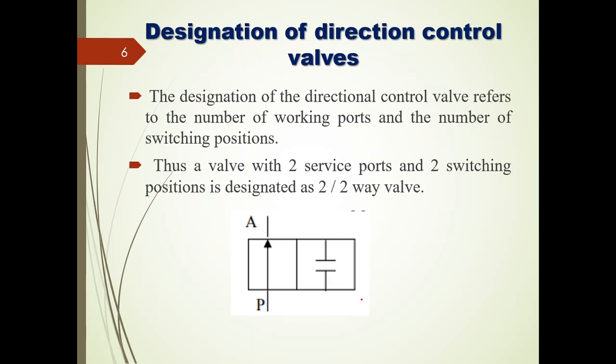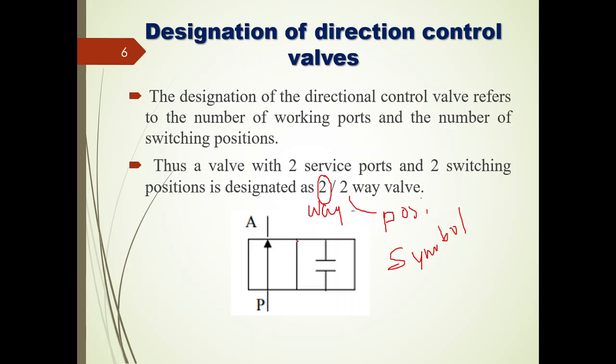The first direction control valve we are going to discuss is the 2 by 2 direction control valve. The first two represents the number of ways or ports, and the second two represents the number of positions. This is the symbolic representation of the 2 by 2 direction control valve.